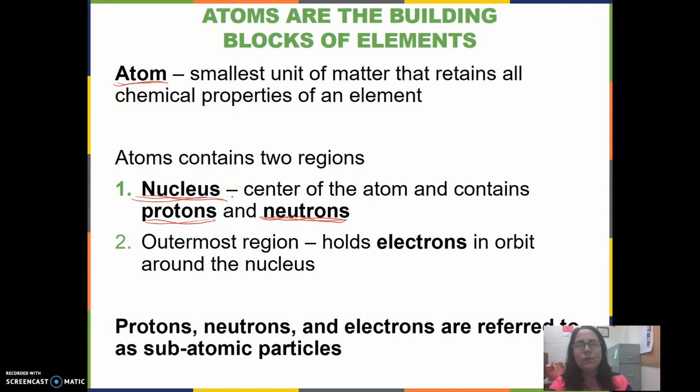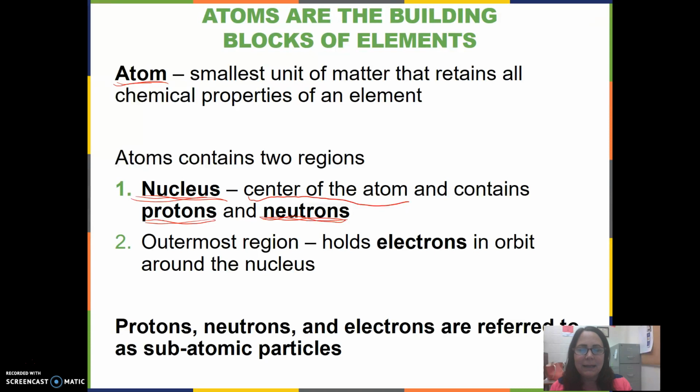I'm going to go ahead and give you a heads up now. There is a nucleus found in the center of an atom. But in biology, when we learn about cells, we're going to learn about a cell part or an organelle called a nucleus, and that is a totally different thing.